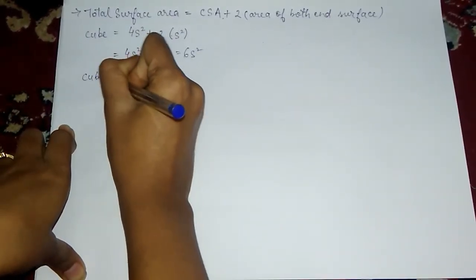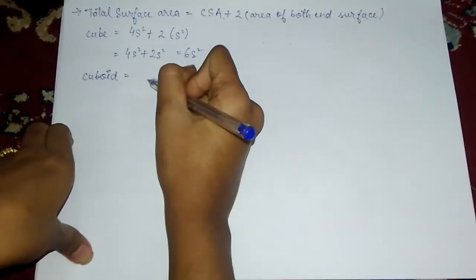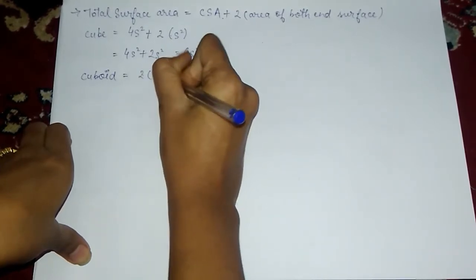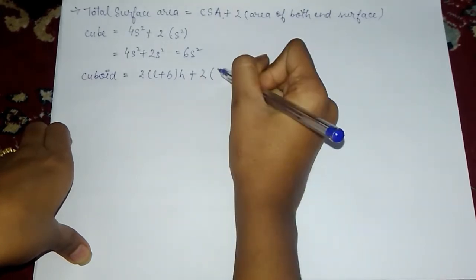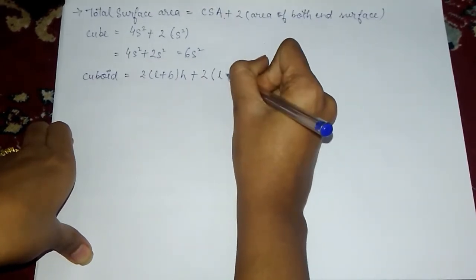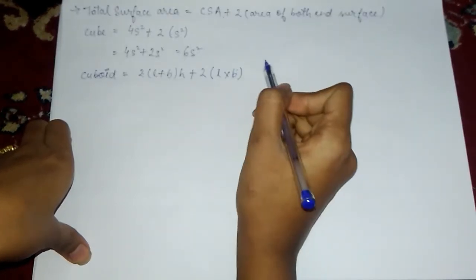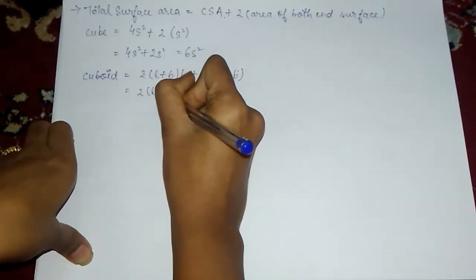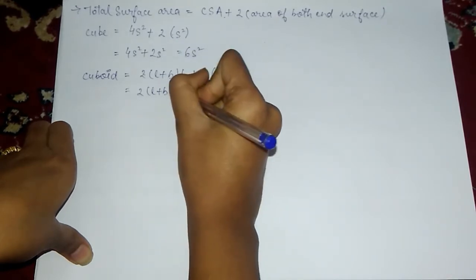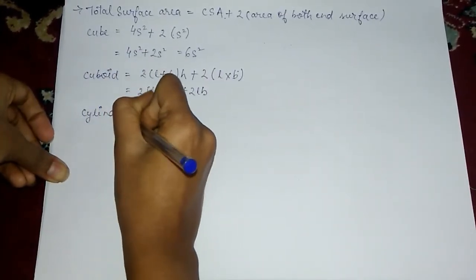Next is cuboid. So curved surface area of cuboid was 2 into L plus B into H plus 2 into L into B, which is the area of a rectangle. L into B is area of rectangle. Okay, so the formula comes out to be 2 into L plus B into H plus 2LB. Okay, now cylinder.